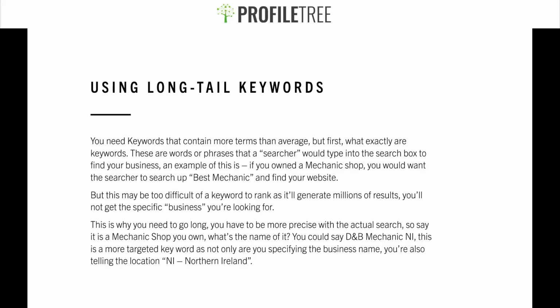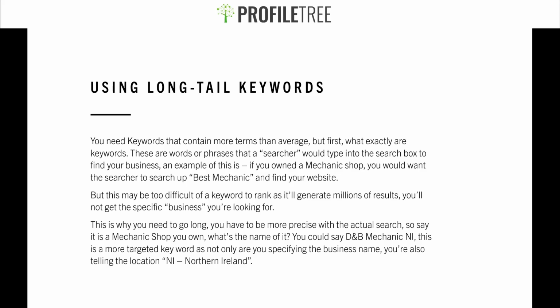So this means that we'll have to be a little bit more specific with the keywords that we're using. This is why you need to go a little bit longer and be more precise about what the actual searcher is going to be searching. So we could say this instead. Say we own a mechanic shop as we've said there, and what's the name of it?